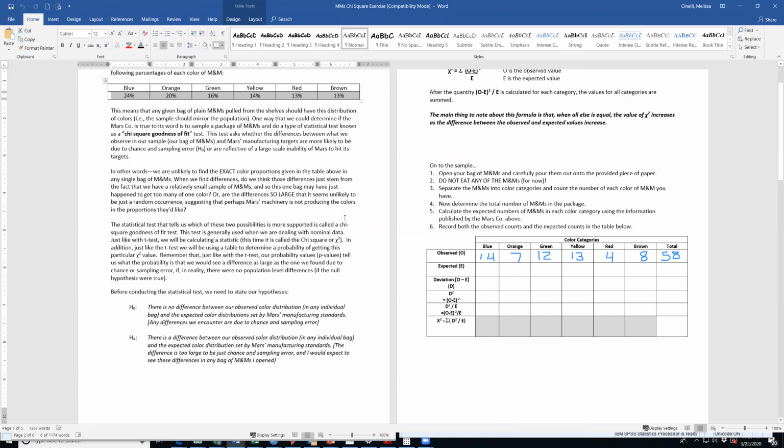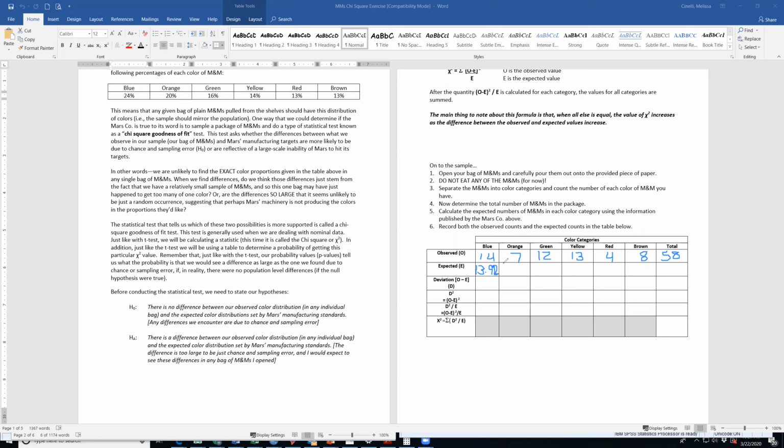So if I have 58 total M&Ms in my bag and I expected 24% of them to be blue, then I'm going to multiply 58 times 0.24. I'm finding out what 24% of 58 M&Ms is. And the result is 13.92. I need a stylus, guys.